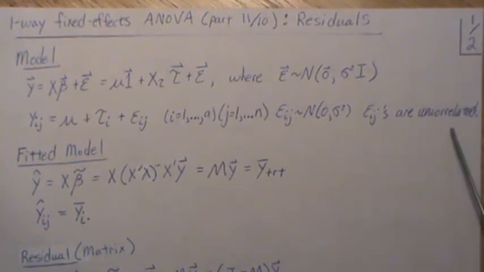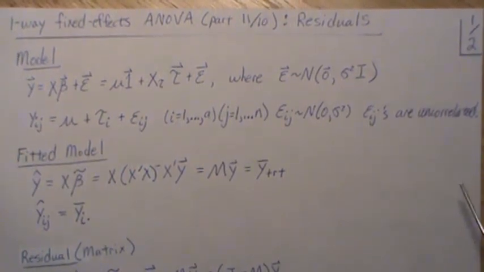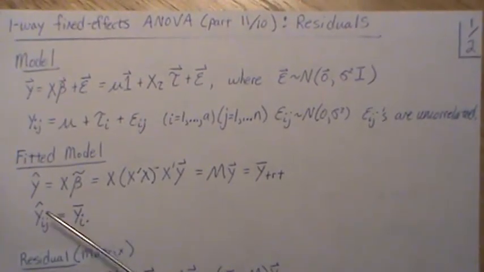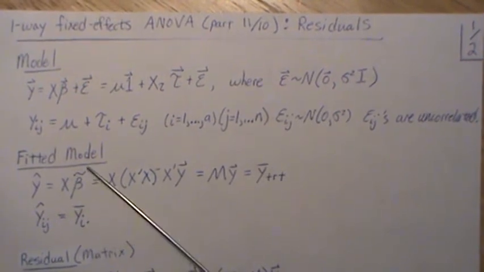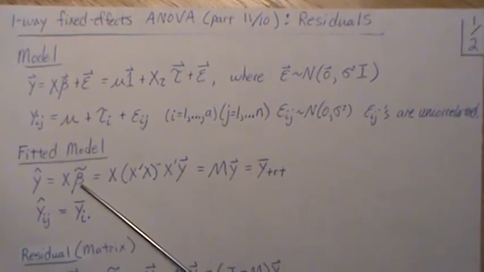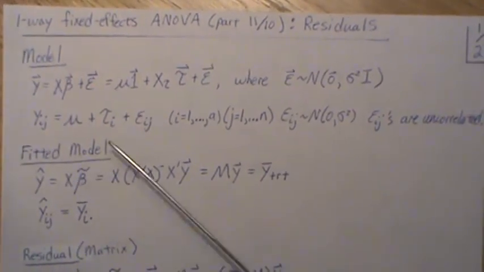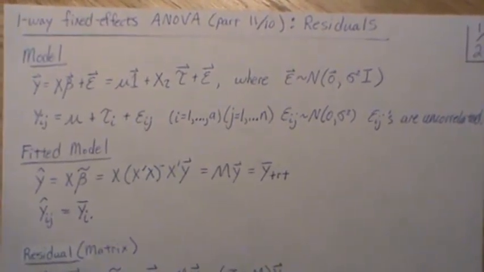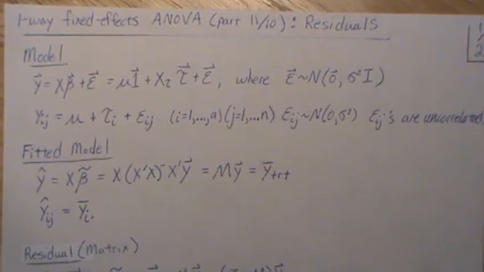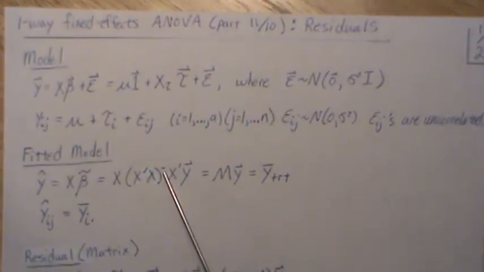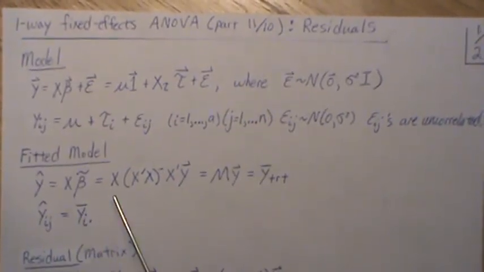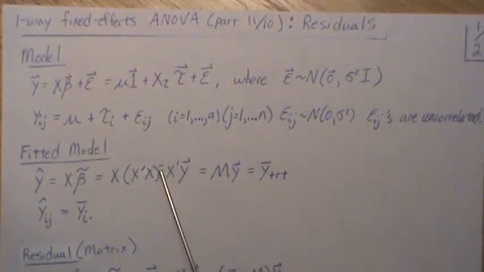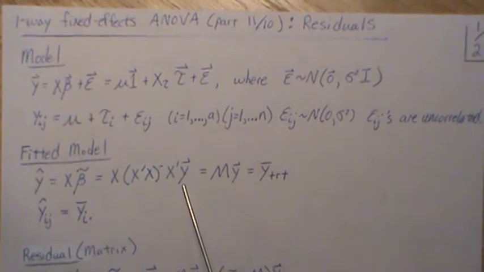Epsilon_ij's are uncorrelated. Now, the fitted model we call y hat, and it's X times the least squares estimate of beta, which we call beta tilde, because in this setting the design matrix is not full rank, and for the least squares estimate we have to use what's called a generalized inverse. So the least squares estimate of beta is X transpose X, generalized inverse, X transpose y.